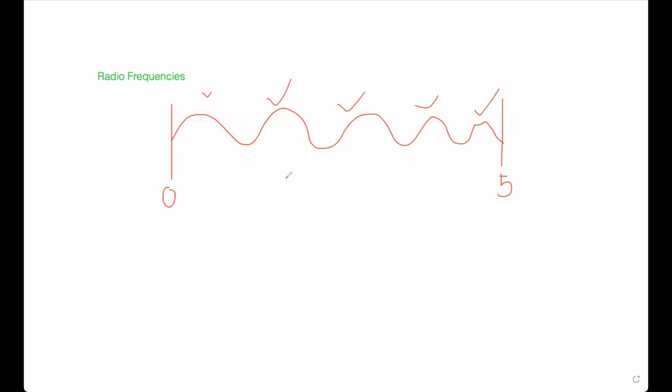So for every 1 second, we can see one full signal that is transmitted. So frequency is described as the number of waves that pass a fixed place in a given amount of time.